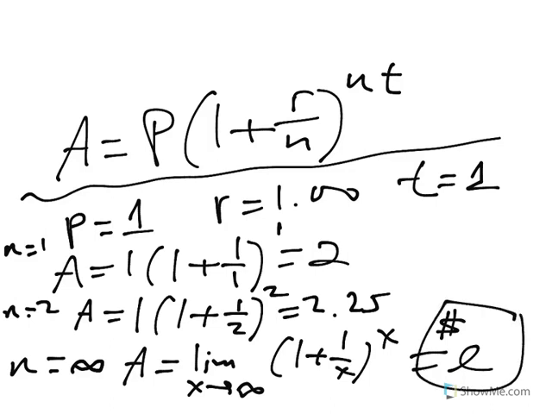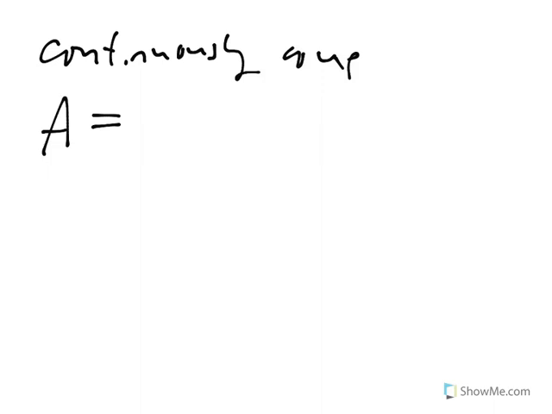So e is what happens, and that's why maybe it's not too surprising that the formula for continuously compounded interest has e in that formula. It's p times e to the rt power.